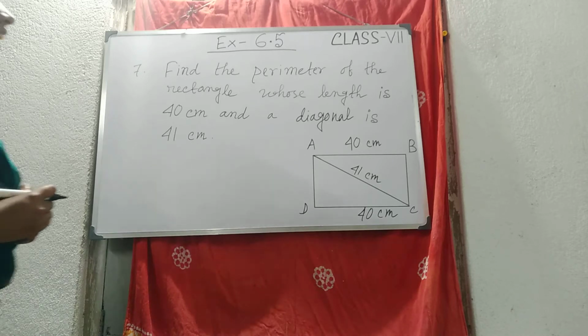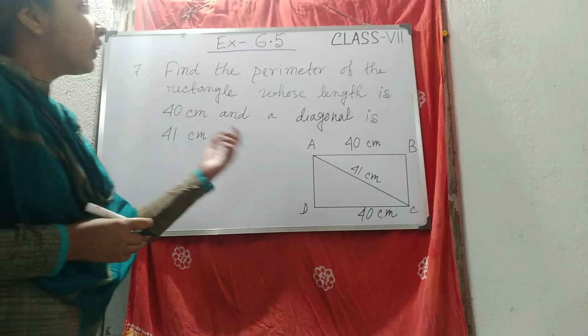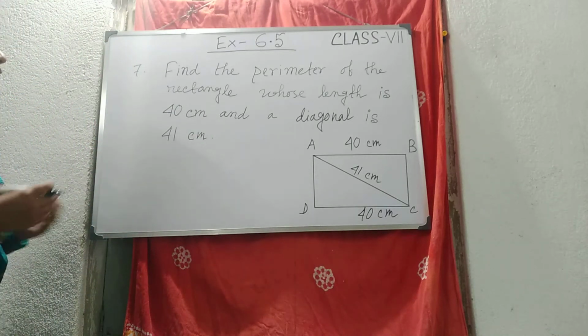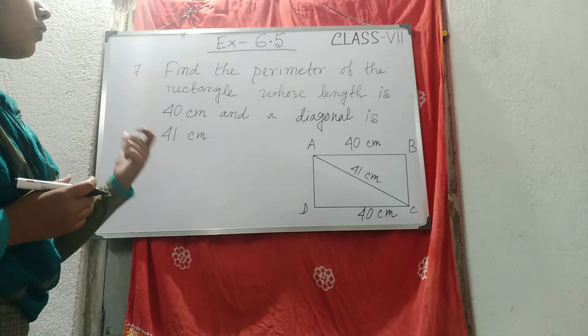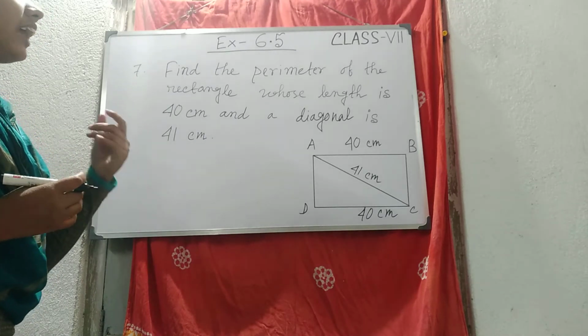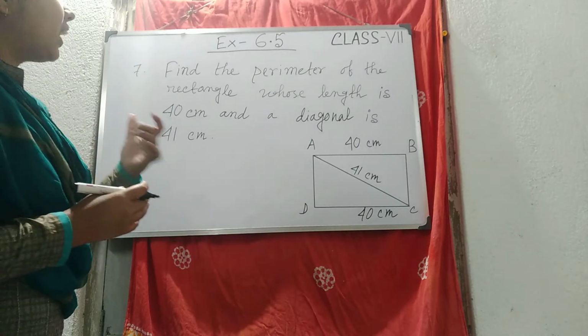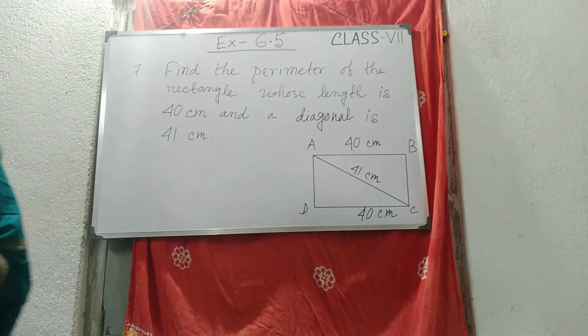Yes, if we know its length and breadth only, we can get its perimeter, isn't it? We know the formula of perimeter of any rectangle, which is equal to 2 into within the bracket length plus breadth unit.